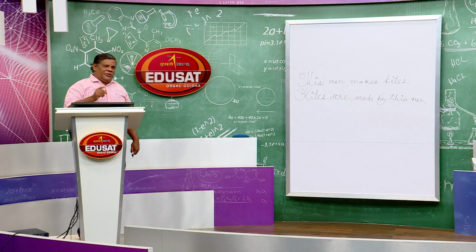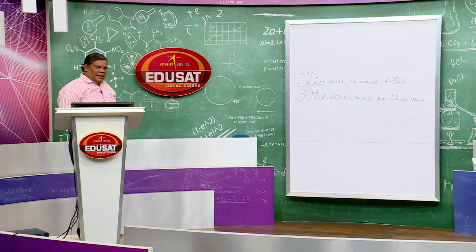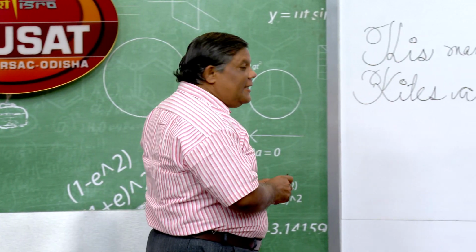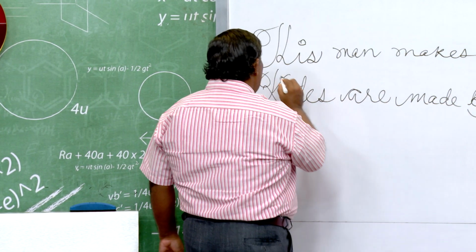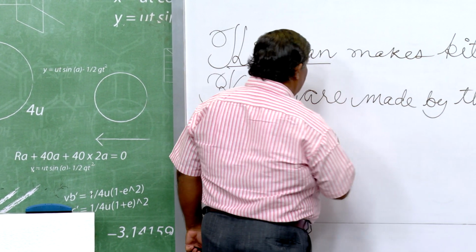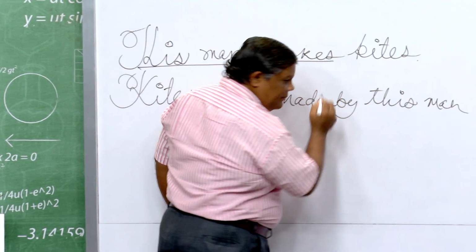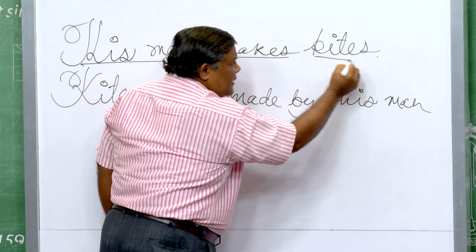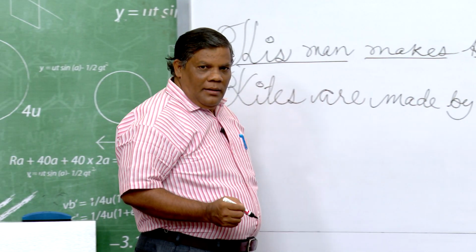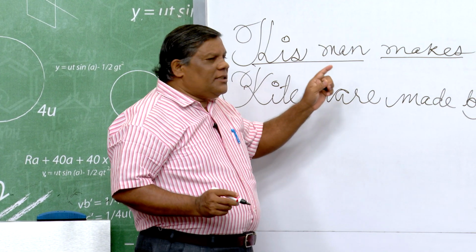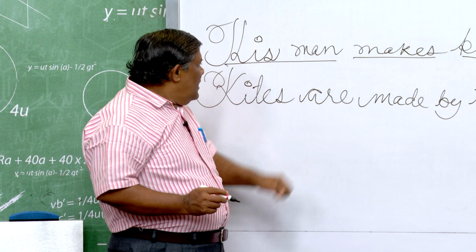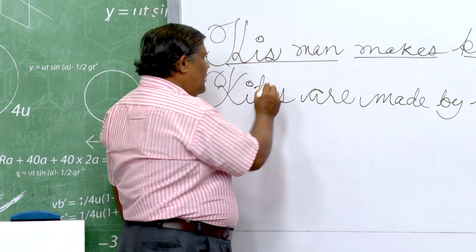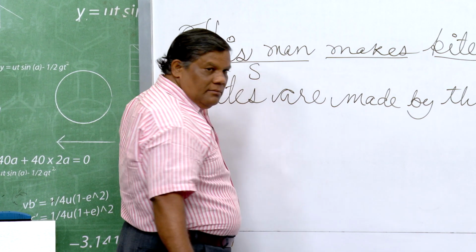And you see, now study the sentences again. The sentence has three parts. This is one part, this is another part, and this is also another part. There are three major parts here, and the first part happens to be the subject.